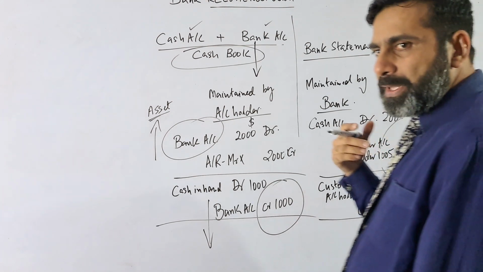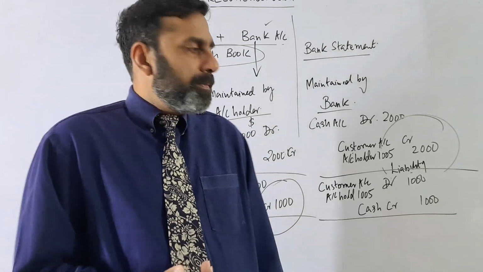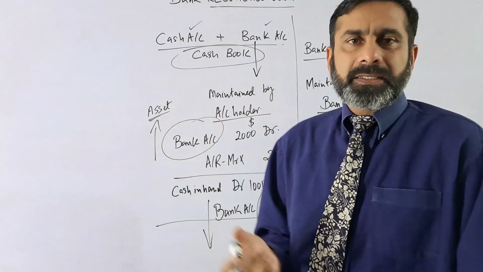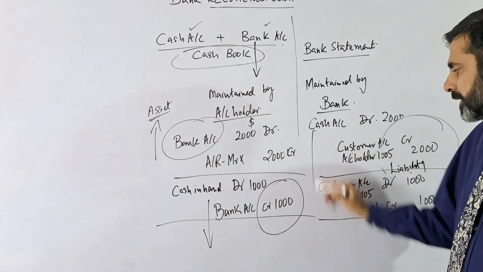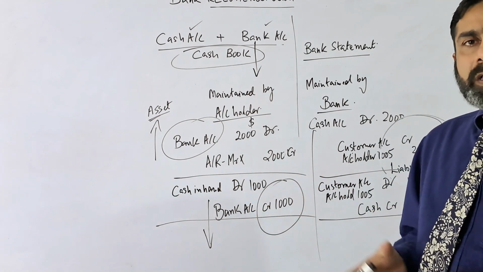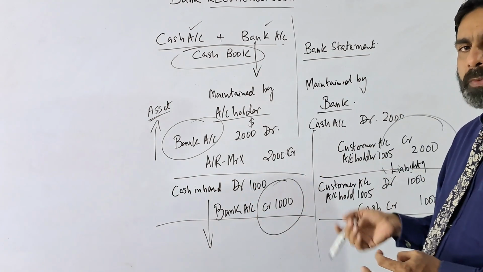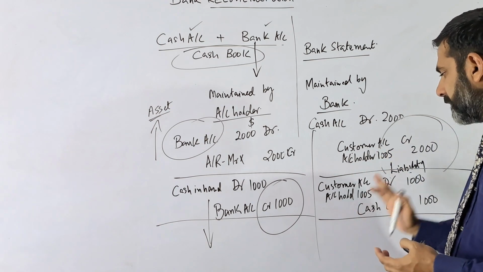Now the liability of the bank is reducing. That's why the bank sends you an SMS or WhatsApp message saying your bank account has been debited, because you have withdrawn money from the bank account. So what does it mean?